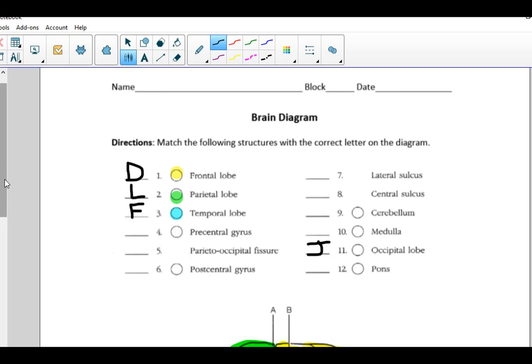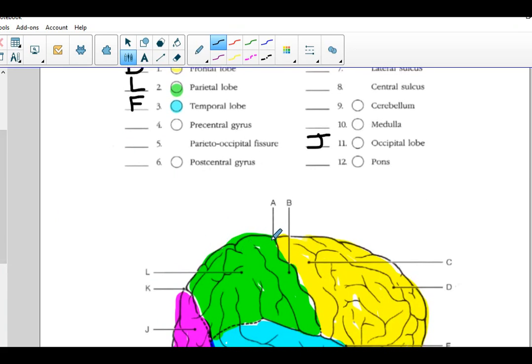If we scroll down to look, letter A represents the central sulcus, goes all the way down through here. The pre-central gyrus is indicated by letter C, it's right here. The post-central is indicated by letter B. So post-central is B, and your pre-central is letter C, and the central sulcus itself is letter A.